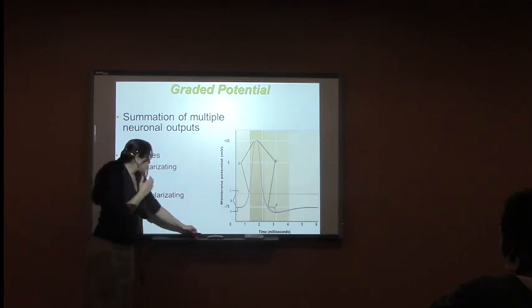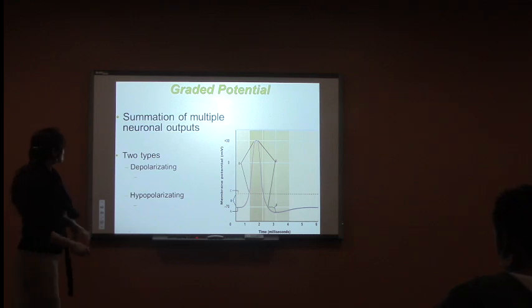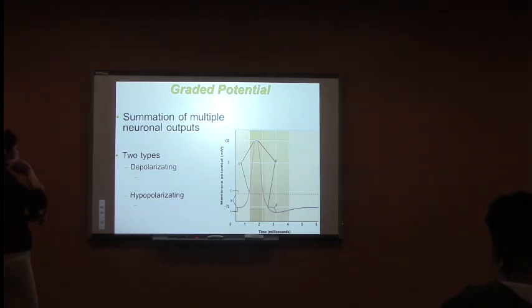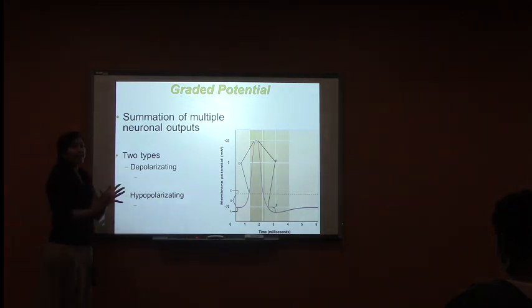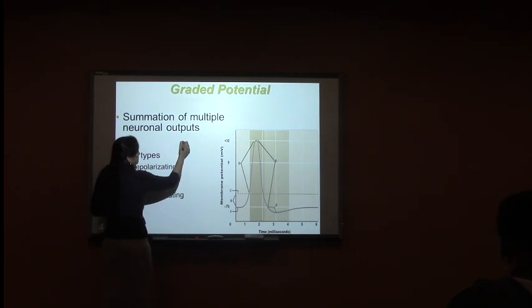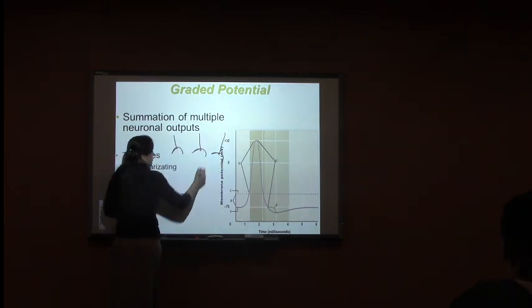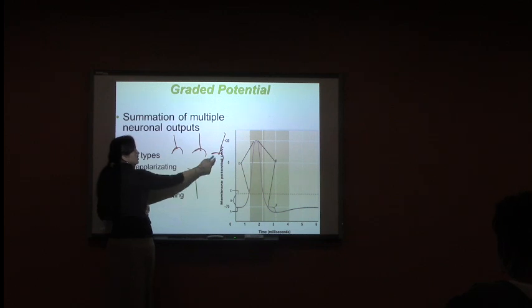Now, graded potential. I'm coming to graded potential. Graded potential is the summation of multiple neuronal outputs. Okay? So basically, let's say I have one neuron right here, another neuron, so here's the axon terminal, and here are the dendrites.